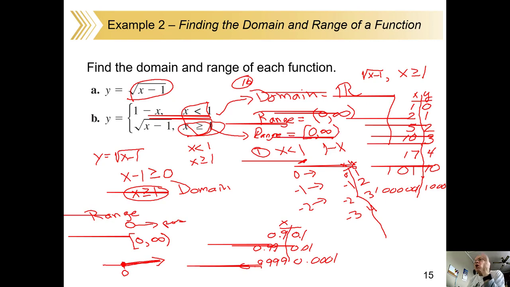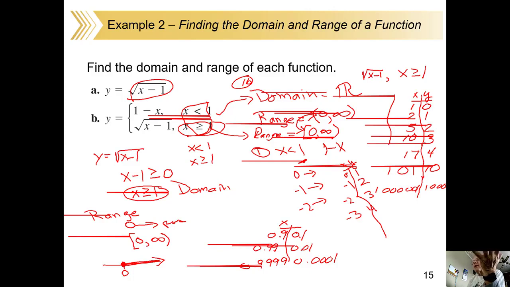Now we want the range, all the y's that could come out of this thing. So what we want is these two thrown into the bucket together. Well, they're almost the same thing. 0 to infinity, 0 to infinity. The only difference is that this one includes 0, this one doesn't.